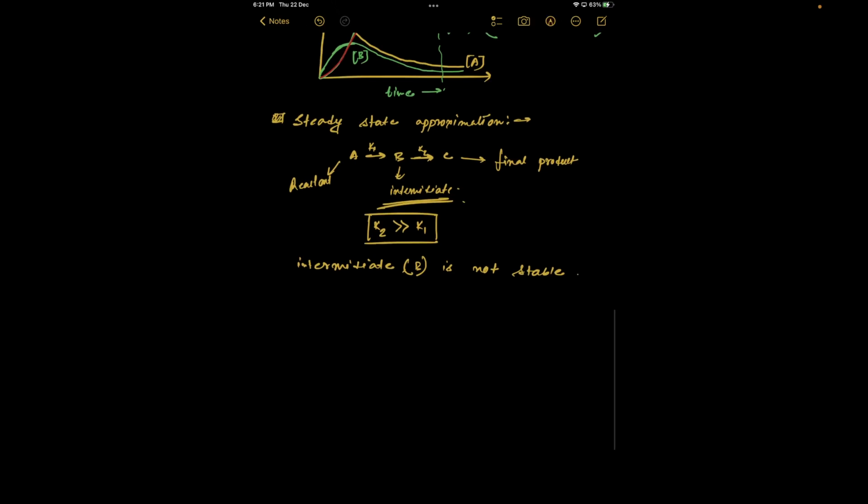So it is transient. Transient means the lifetime of the intermediate B molecules is very small. Whenever it is forming from the A molecules, it simultaneously forms the product C molecule. So the lifetime of B is very small, and that's why we call the intermediate very transient.